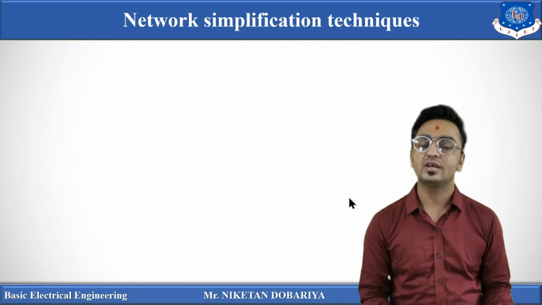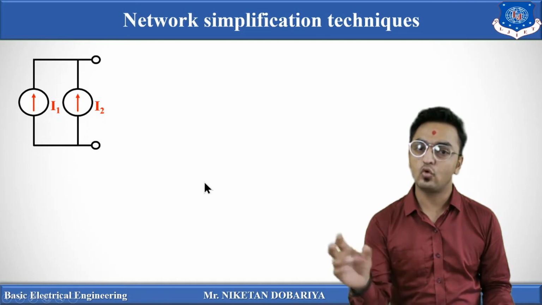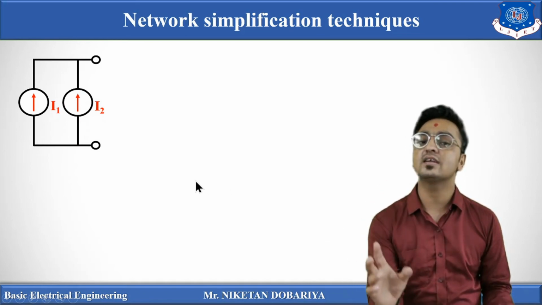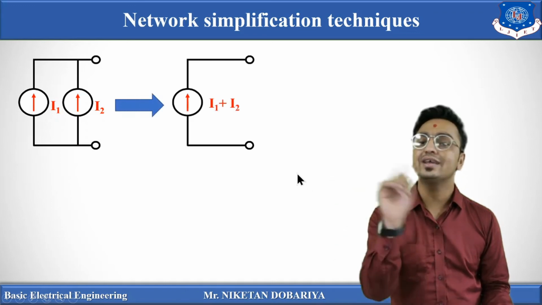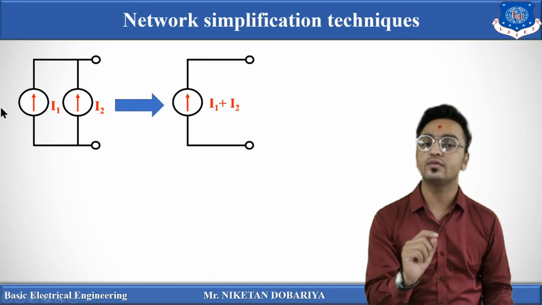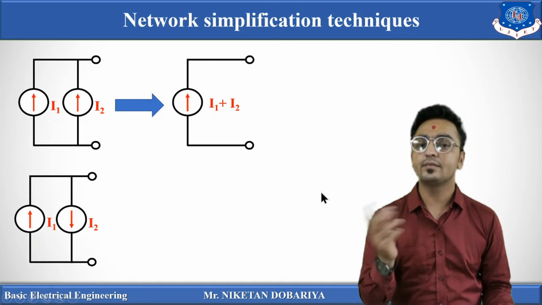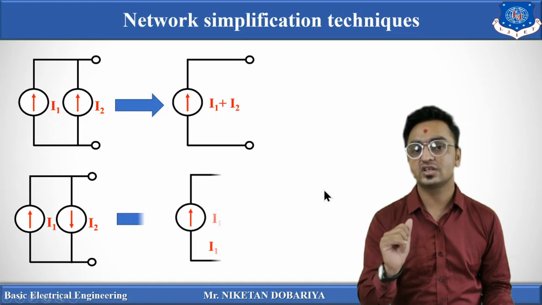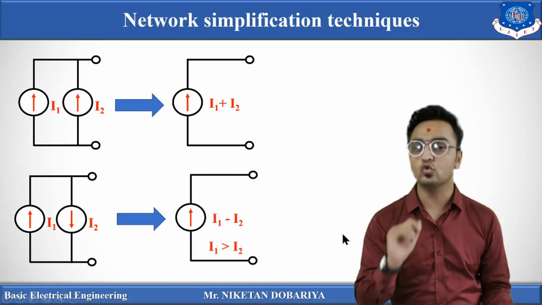In the same way, let's discuss another technique for current sources. If both current sources are in parallel connection and again have the same direction, we can convert them into a single current source having a value I1 plus I2. But if both have opposite directions compared to each other, in that case we find the difference of these two.